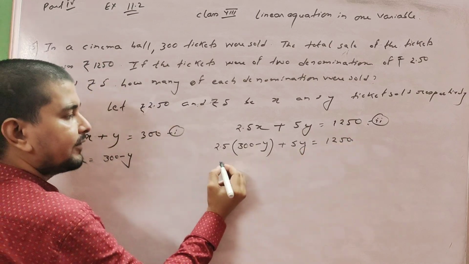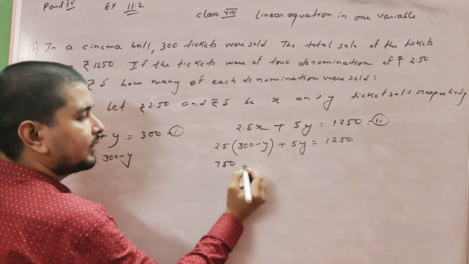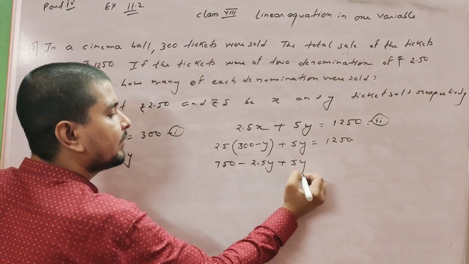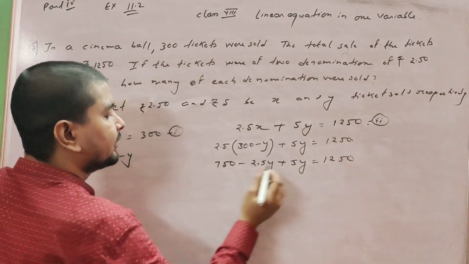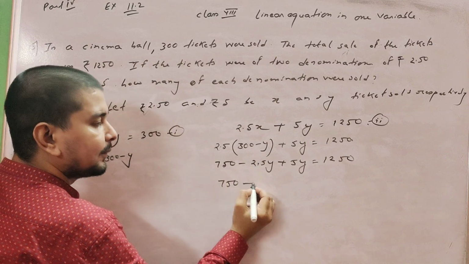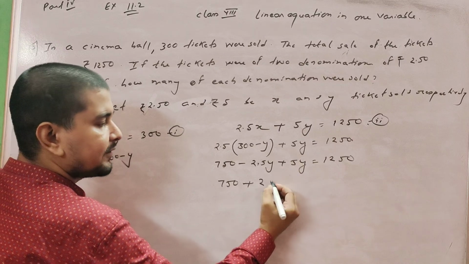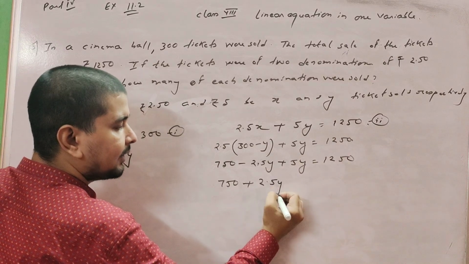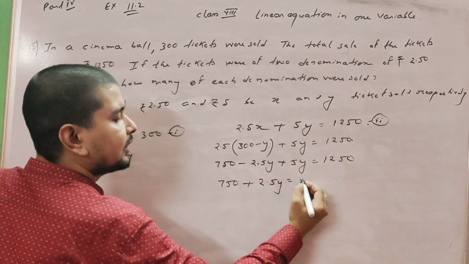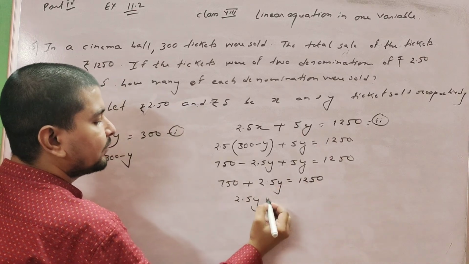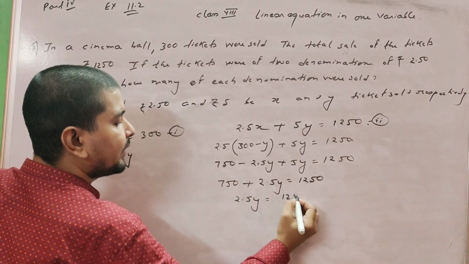So 2.5 into 300, that is 750, minus 2.5Y plus 5Y equals 1250. So minus 2.5 plus 5 is 2.5, so 750 plus 2.5Y equals 1250.